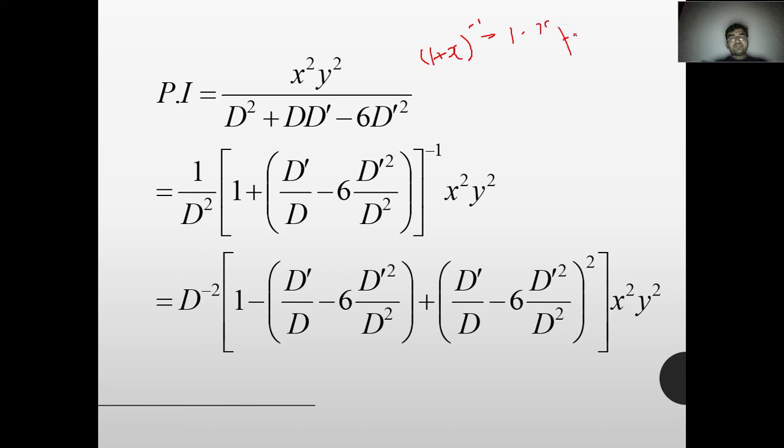So 1 minus this plus square up to into x square into y square.